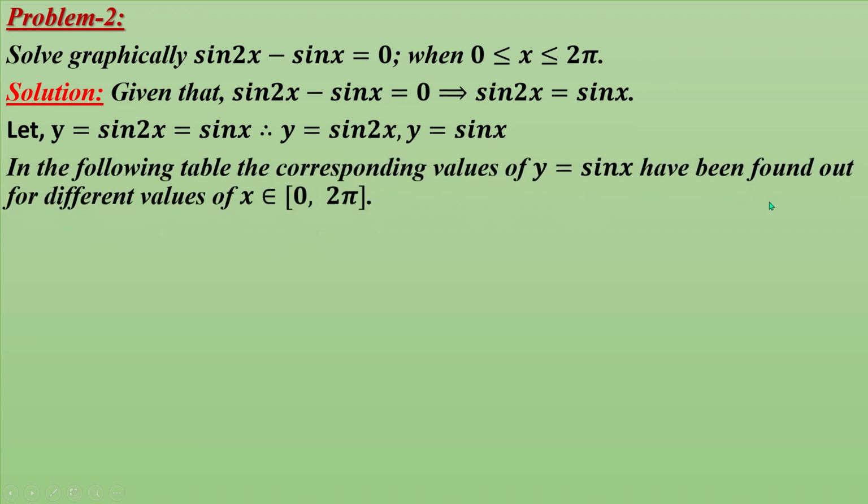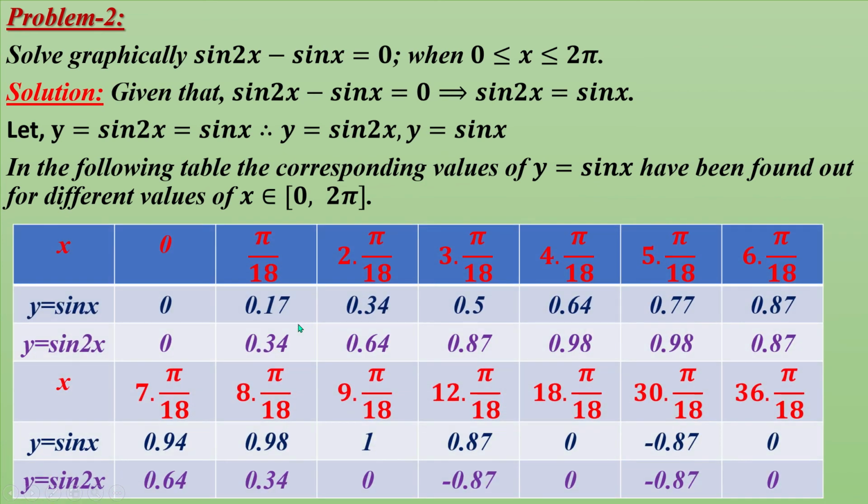Same language, and make a table. Here you have to use radian, but before in math I used degree. Here it will be radian because the range is in radian.